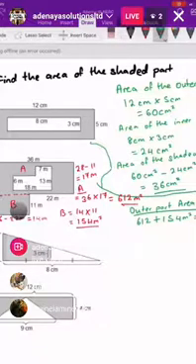And then we work out the area of the inner part. As you can see the dimensions, let's see if we can break that down so we can find the area. So we'll break it down like that. Then we have 7 meters, but the other side we don't know.